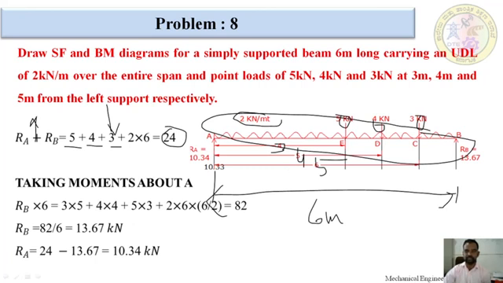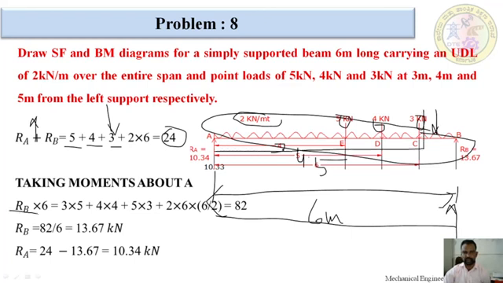Right. After that we want to calculate the RB value. For that reason I am going to take moment about point A. RB into 6, upward force, is equal to downward force. We have to consider the distance from here to this distance. 3 into 5, 4 into 4, 5 into 3.